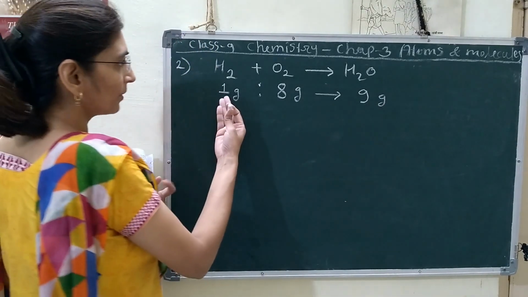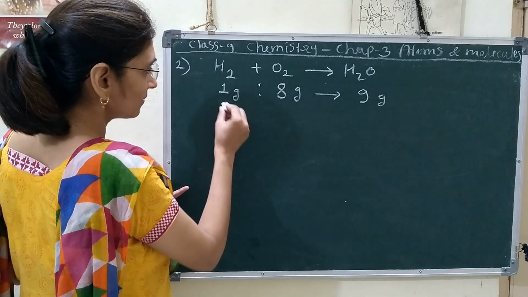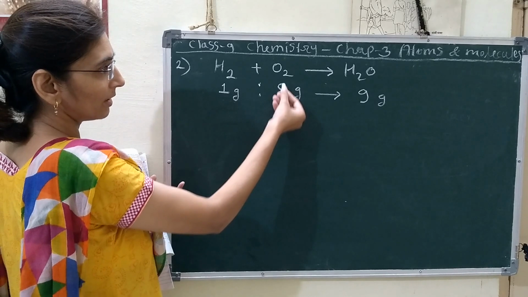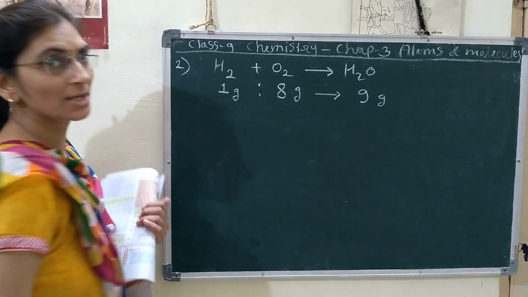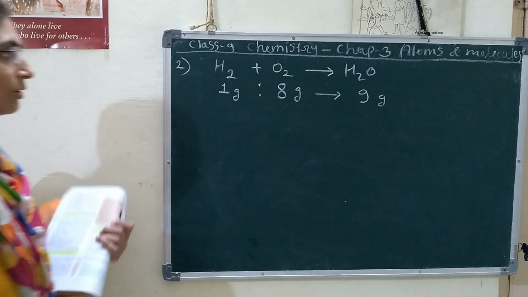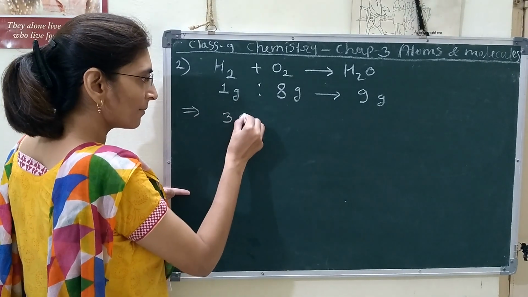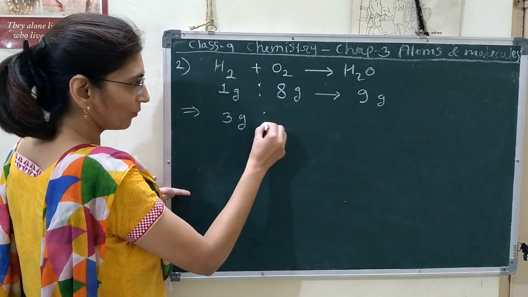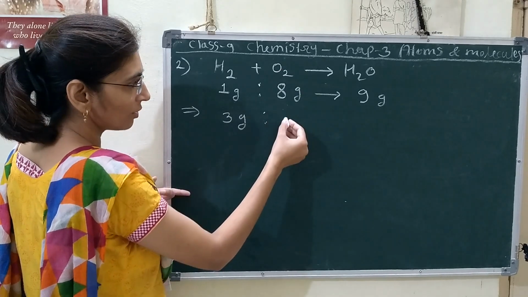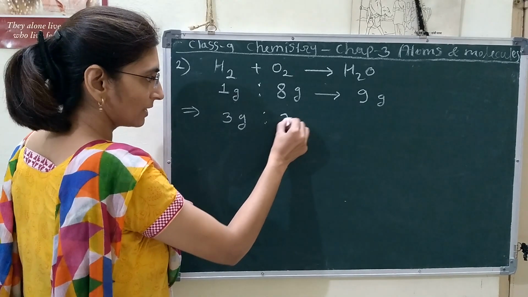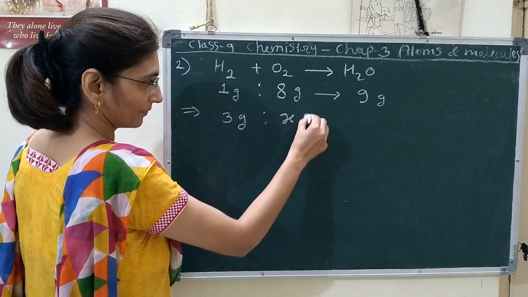And what is the proportion of hydrogen and oxygen for this reaction? If 1 gram of hydrogen is taken, then 8 gram of oxygen is taken. So what is the second condition? If 3 gram of hydrogen is taken, what will be the mass of oxygen that we have to take here? We will consider it x gram.